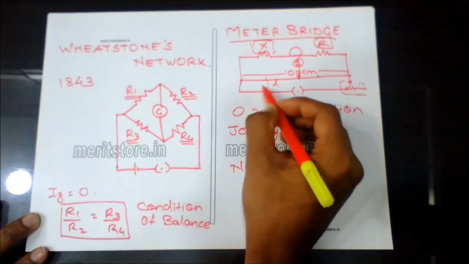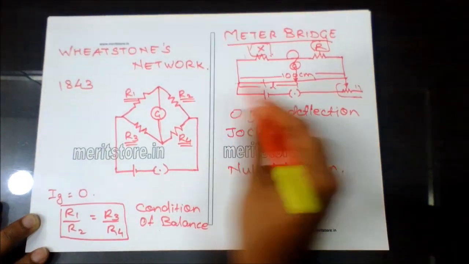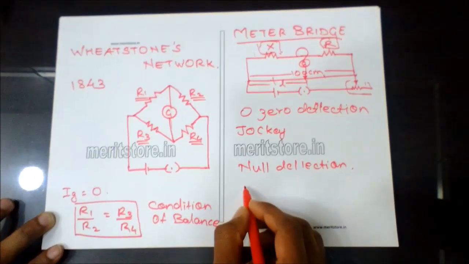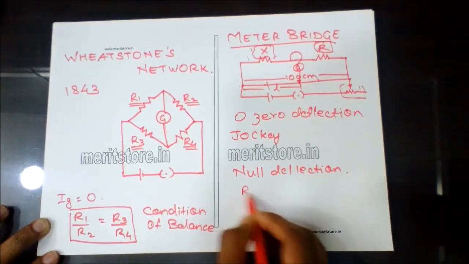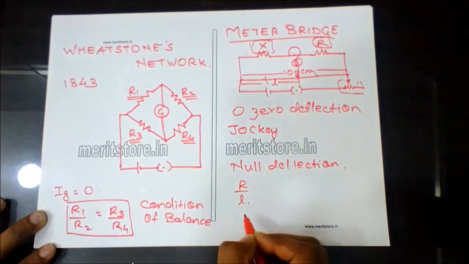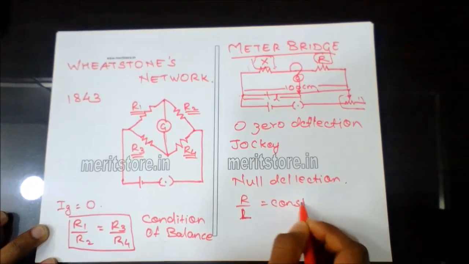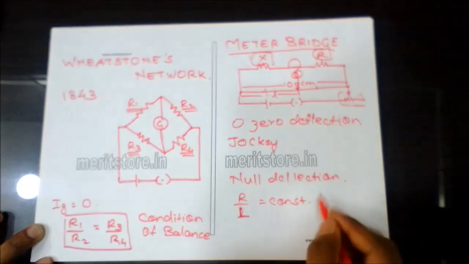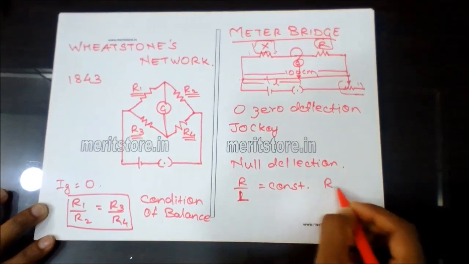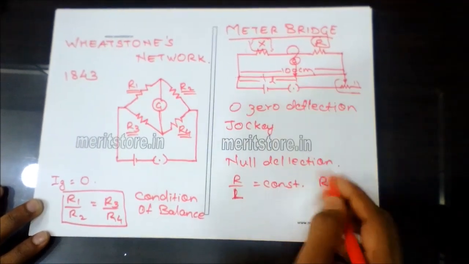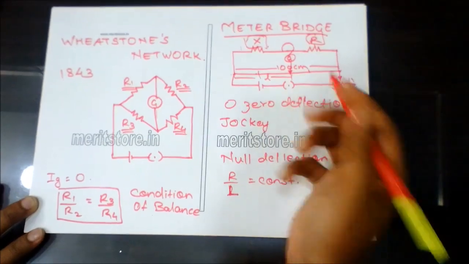Say it is at a length of L. Since the wire is of uniform length, the potential gradient or the rate of change of potential per unit length of the wire is constant, and hence the resistance in the wire at any point is directly proportional to the length of the wire.